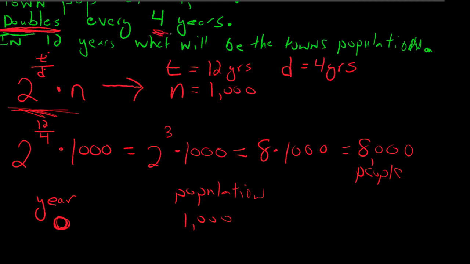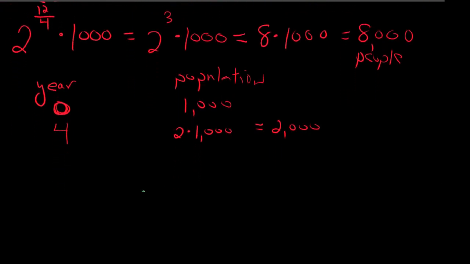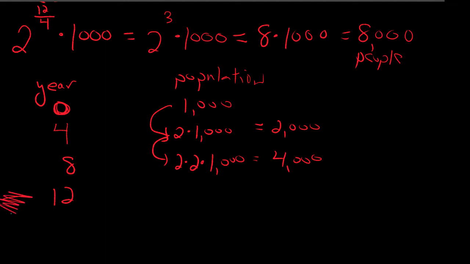Now every 4 years I double. So 4 years from there, this number doubles. And so at 8 years, the previous number doubles, right? So 2 times 2 times 1,000, which is 4,000. And then at 12 years, which is the time I want, I have to multiply by one more 2 in front, which is 8,000.